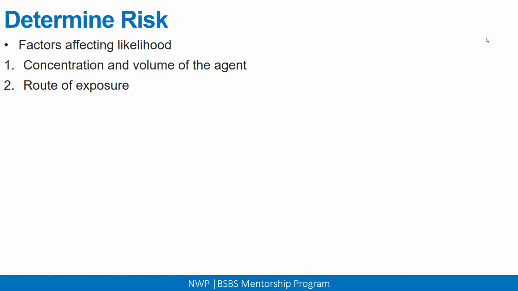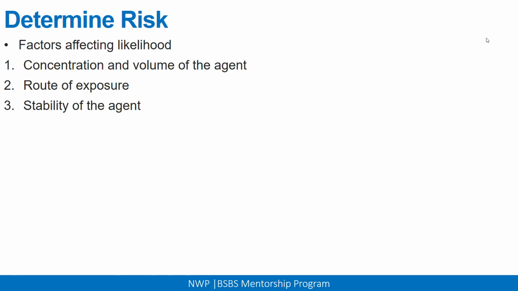If an agent has multiple routes of exposure or transmission, it increases the likelihood of you getting exposed to it as compared to another agent which may have just one route of transmission.